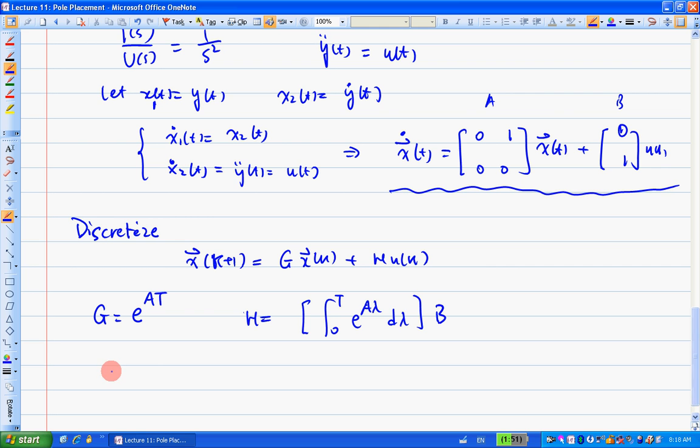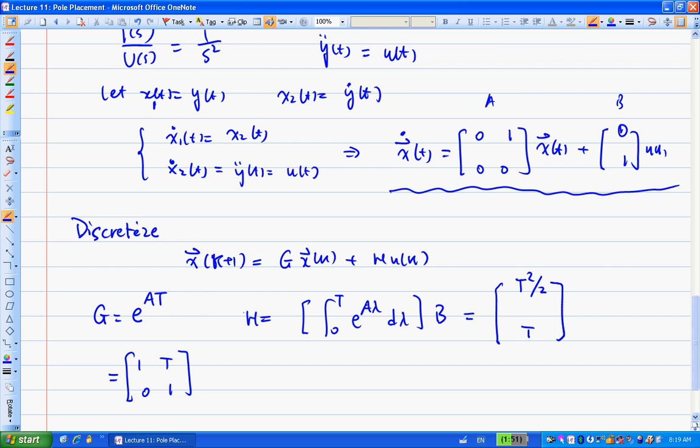Overall, G ends up being this, 1 T, 0 1, and H ends up with T squared over 2 and T here. So that's the discretized model.